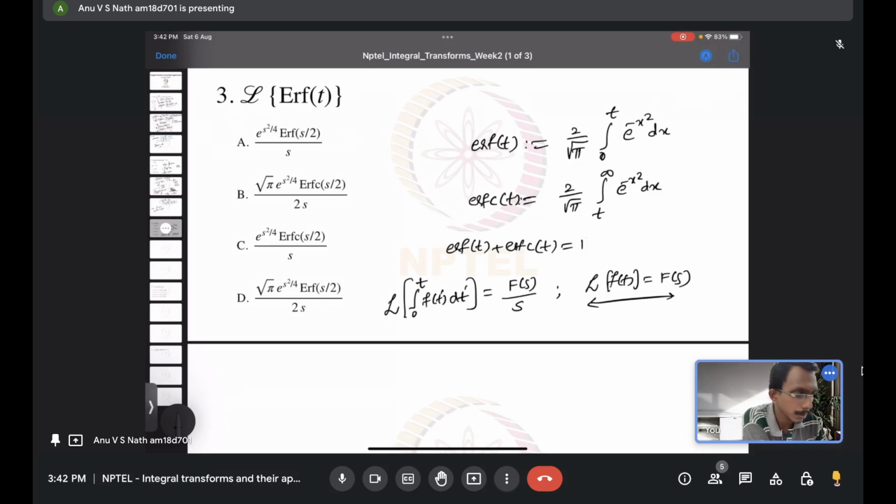That property is going to help us do this easily.